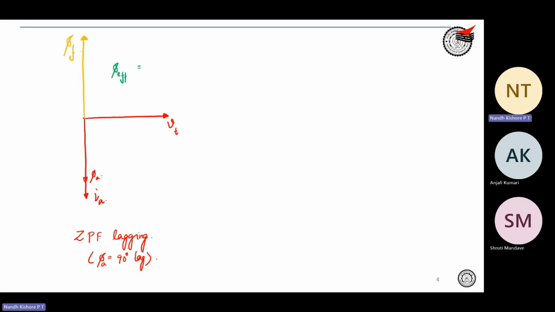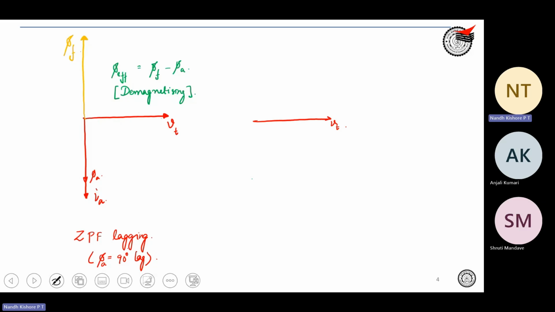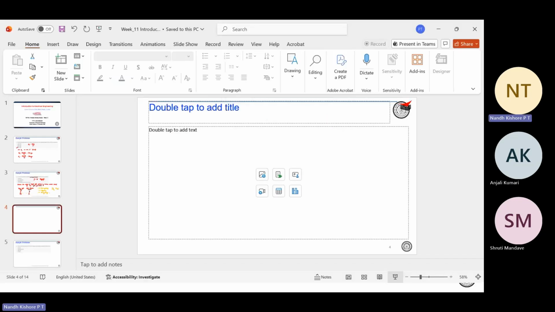Since phi F and phi A are in opposite direction, phi effective is going to be phi F minus phi A. So phi effective decreases. Basically, your flux is decreasing, which means it has a demagnetizing effect. This is one scenario. The other scenario is you have your VT over here, and let's say your current is 0 power factor leading.